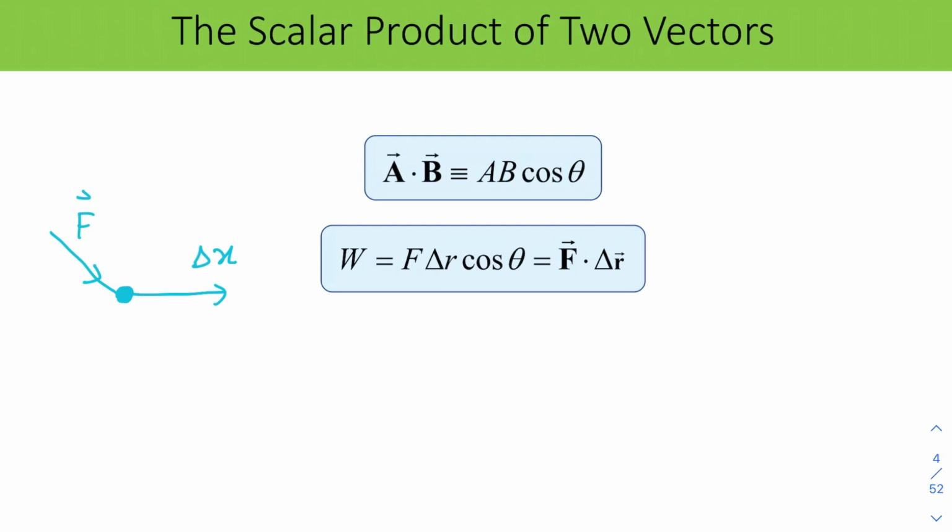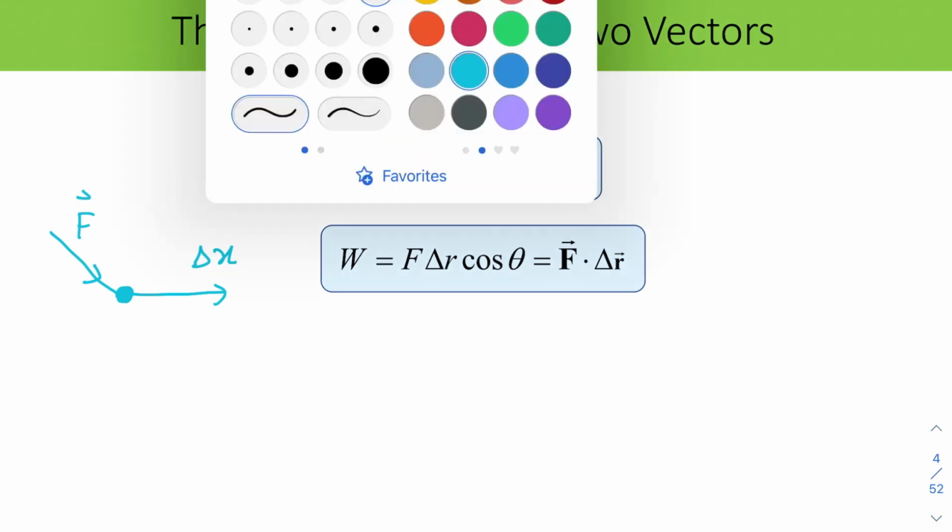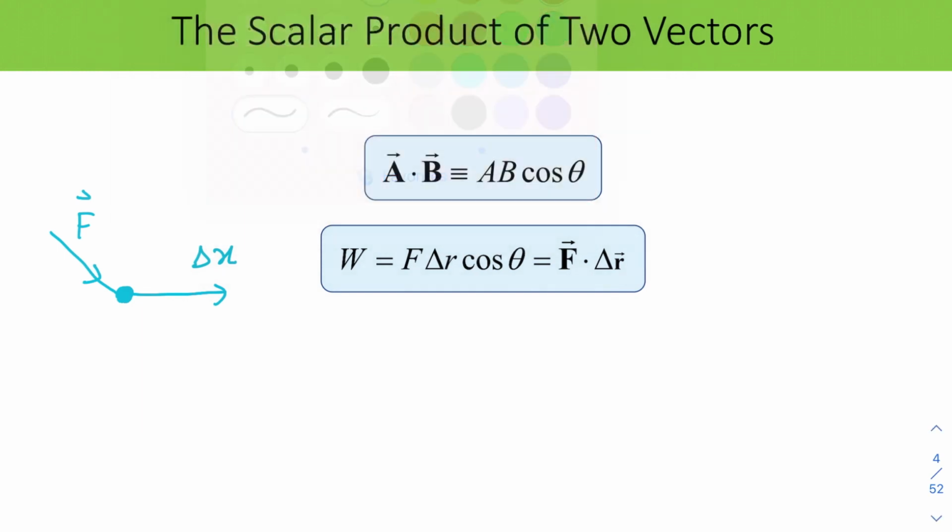To make it easy, we can transform the F here because we want to figure out the smallest angle between the force and the displacement. So the angle is going to be this one, no more here. We already transferred it to that.